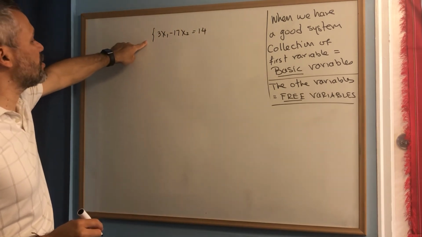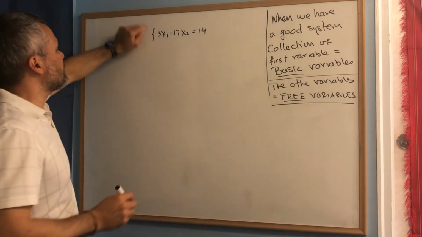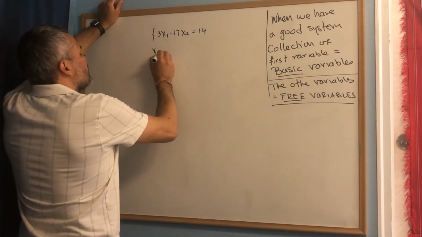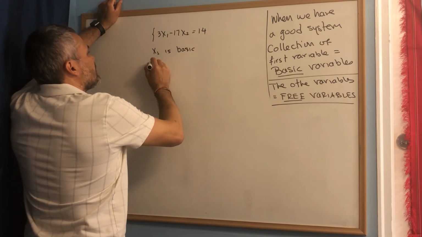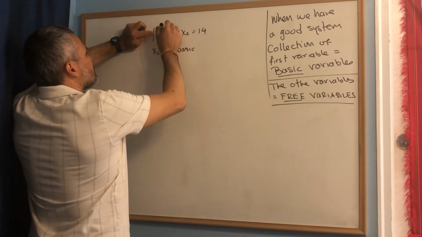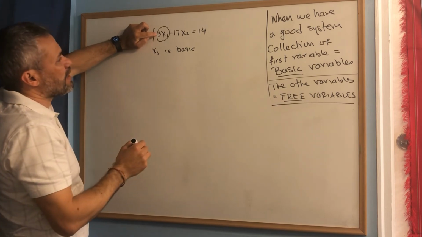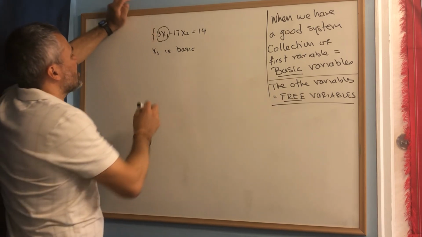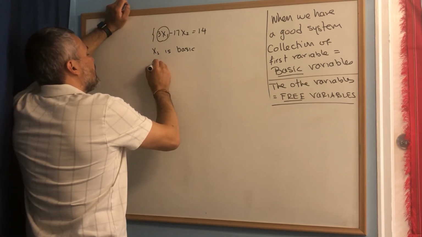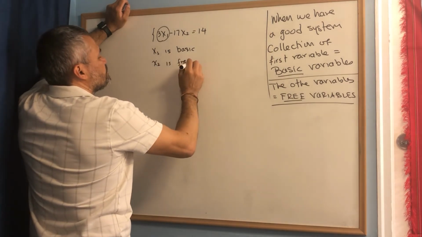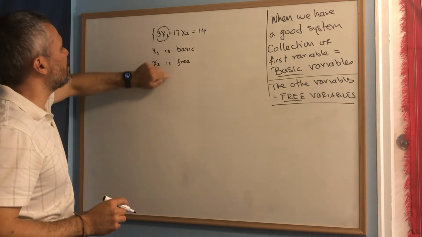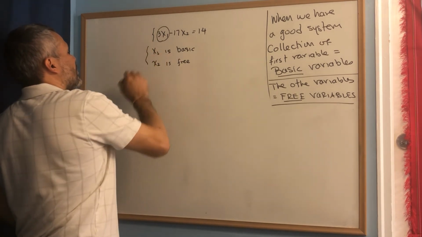There is only one equation, nothing to check, and in this case x1 is basic, because this is the first variable that shows up in an equation, and x2 is a free variable. And this is a basic variable and this is a free variable.